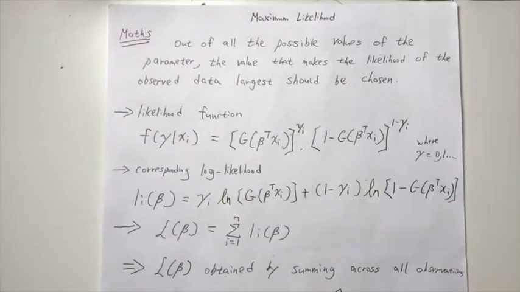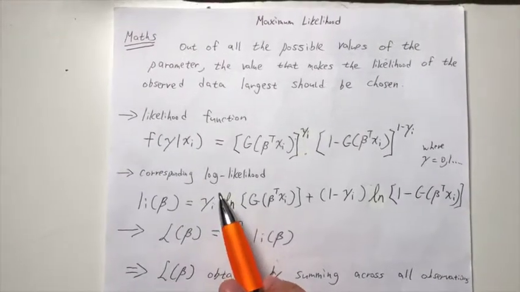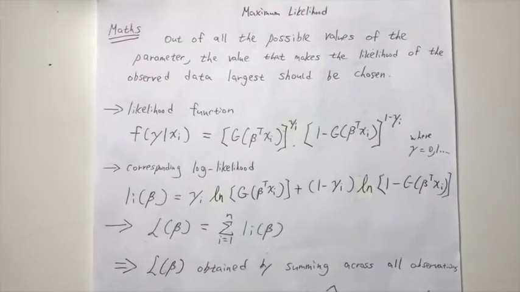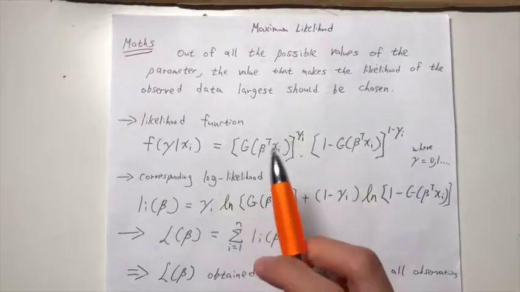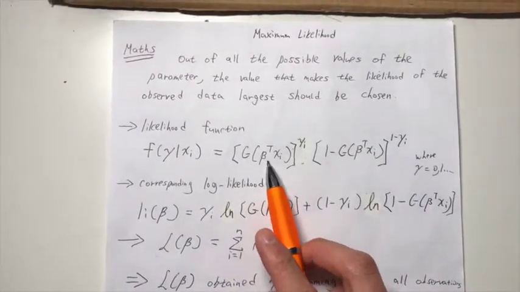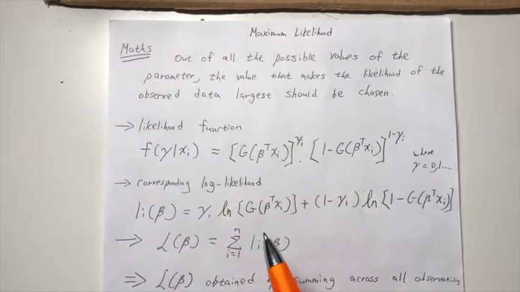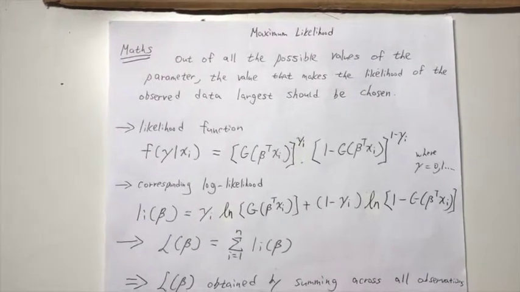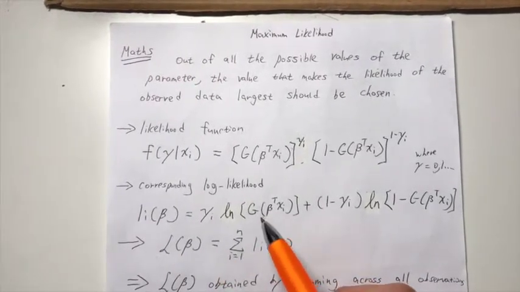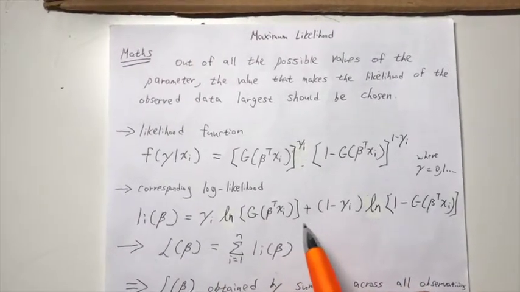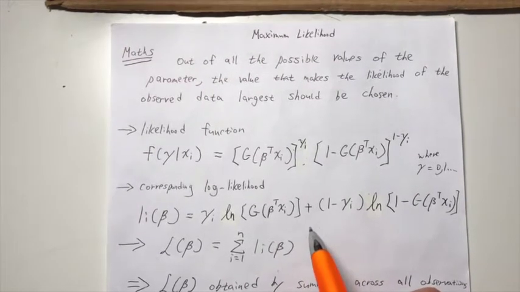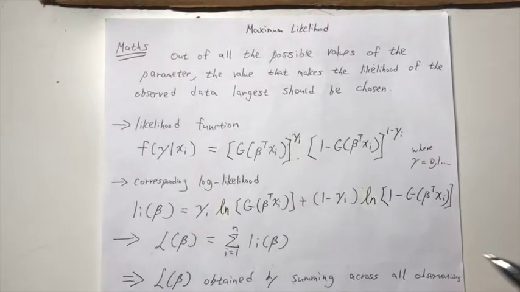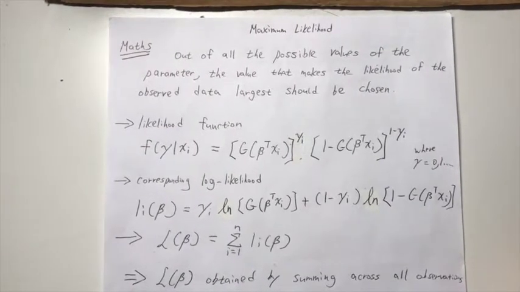And that's why we need to make use of log. Log has 2 interesting features. First, it won't change the value of beta that maximizes the likelihood function. And second, a log can change multiplication to addition, and turning to addition makes the maximization problem easier.